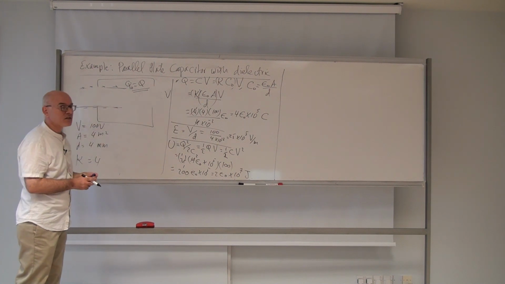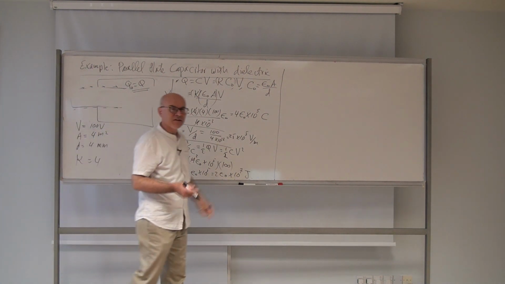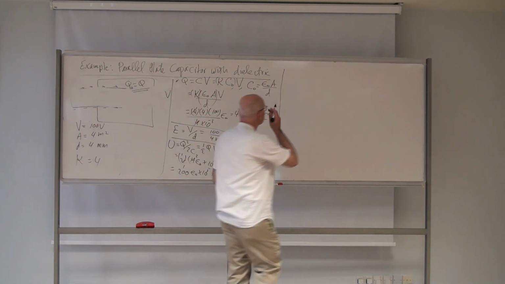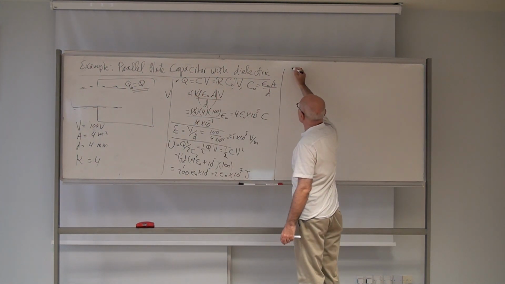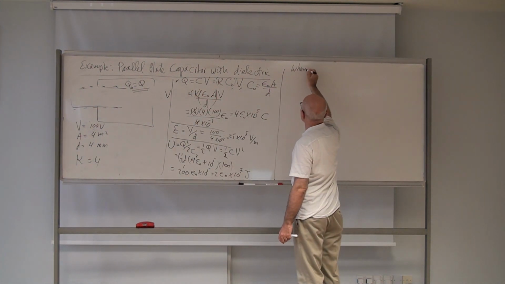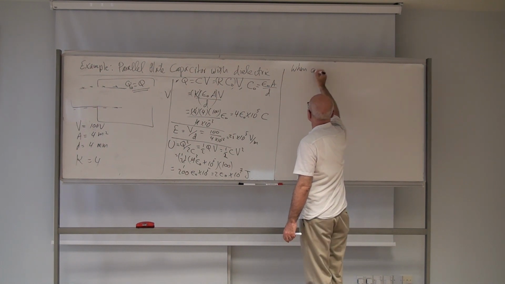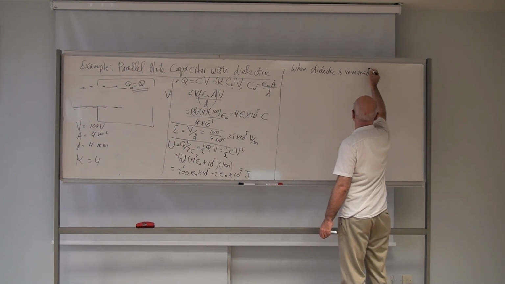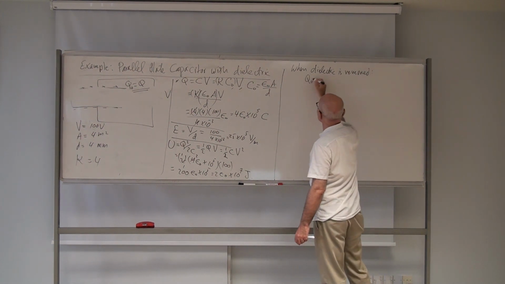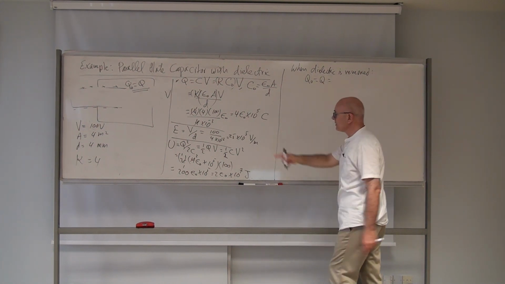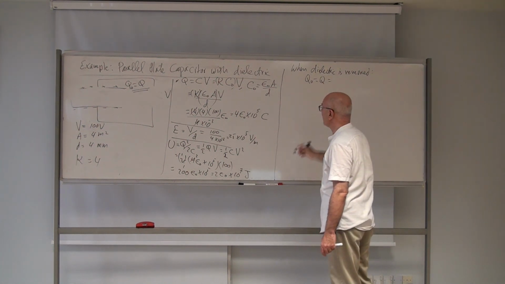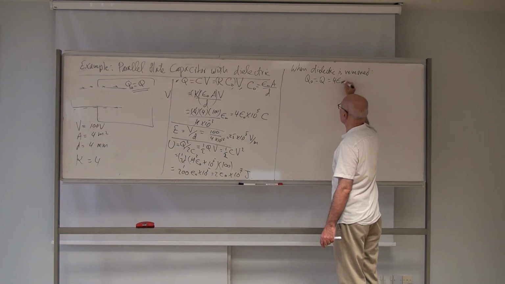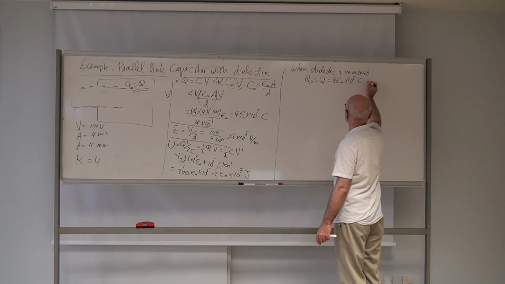Let me try to see how I can find this. It's quite easy, by the way. First of all, when the dielectric is removed, I know now Q naught is equal to Q, and it is this quantity that I have found, which is 4 epsilon naught times 10 to the power 5 coulombs.